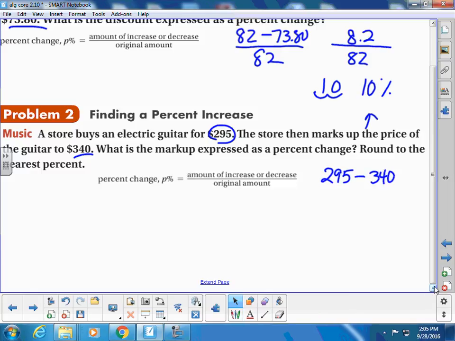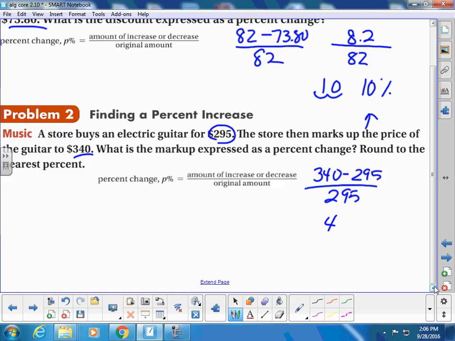We could have done it the other way, as long as you remember if it's an increase or decrease. So 340 minus 295 is the amount it changed, divided by the original amount. Well, it bought it for $295. So 340 minus 295 equals 45, divided by 295.